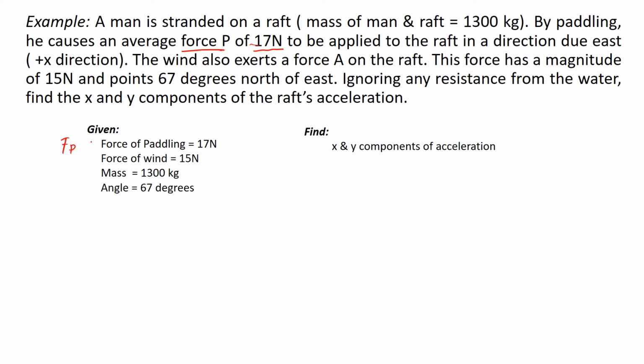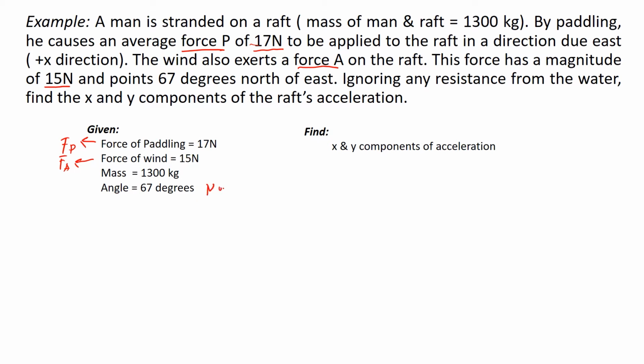And for the force of the wind, the given is 15 newtons, and we can denote this as F sub A. Also, the mass is 1,300 kilograms, and we also have the angle, which is 67 degrees directed north of east.